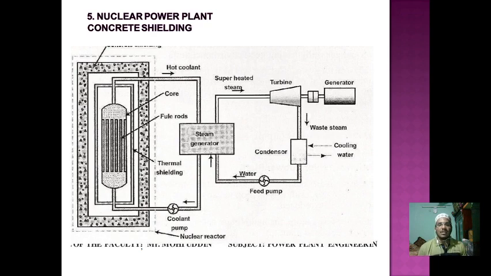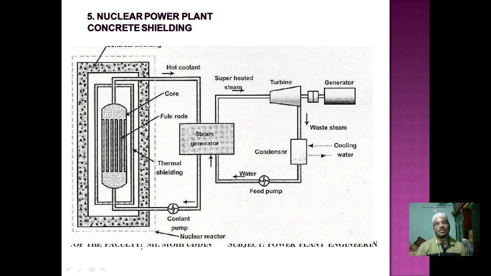Here the thermal shielding is there. In that thermal shielding we are using coolant. As you know, in our automobile there is a radiator, and in that radiator we are using coolant.